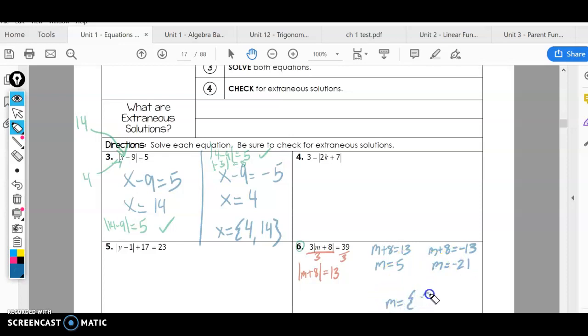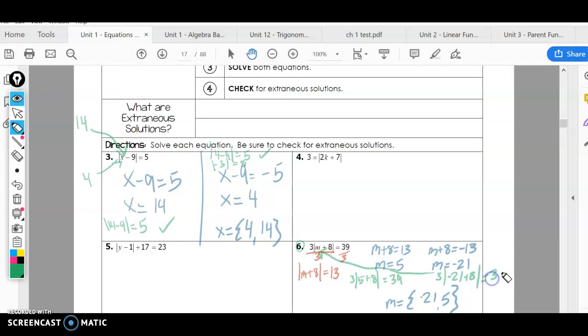Before we write that those are our two answers and we move on, we need to check for extraneous solutions. Again, we do that by plugging in the 5 and the -21 into our original equation. 3 times the absolute value of 5 plus 8 equals 39. And then we also have to check 3 times the absolute value of -21 plus 8.